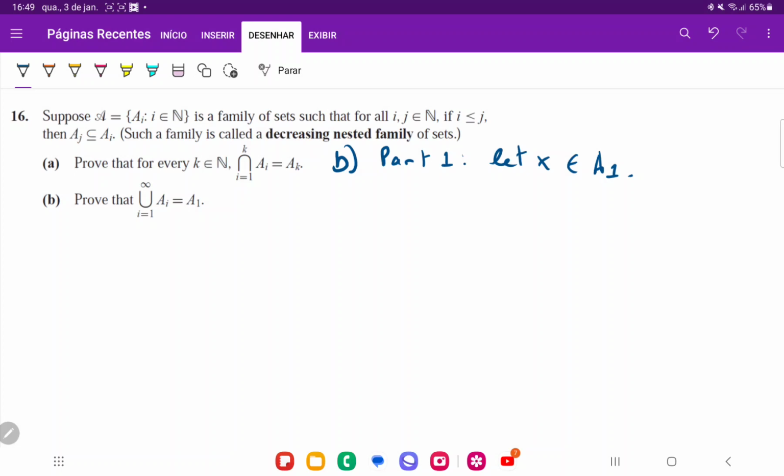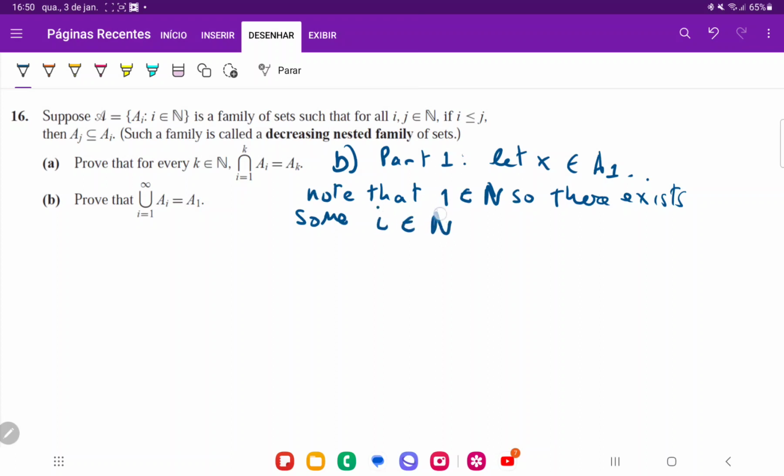If x belongs to a sub 1, note that 1 belongs to the natural numbers, so there exists some I belonging to the natural numbers such that x belongs to a sub I, right?